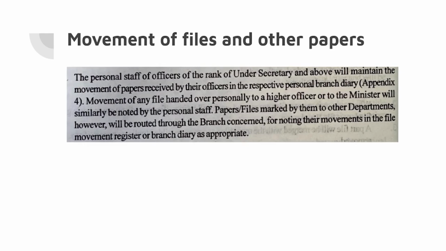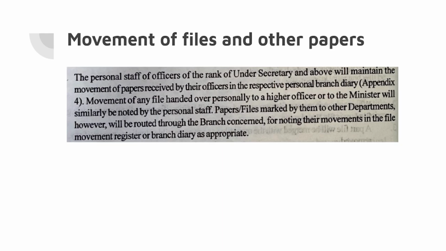The personal staff of officers of the rank of Under Secretary and above will maintain the movement of papers received by their officers in the respective personal branch diary, as shown in Appendix 4 of the manual. Movement of any file handed over personally to a higher officer or to the minister will similarly be noted by the personal staff.